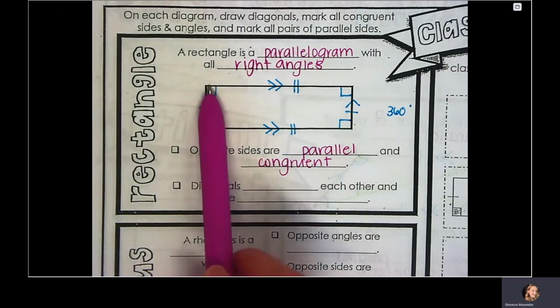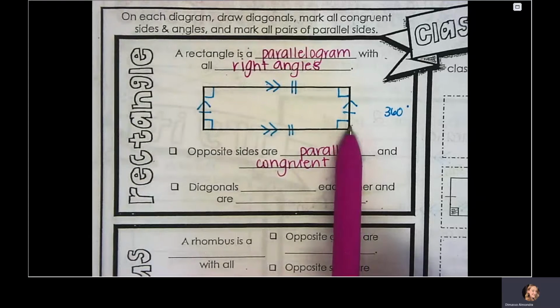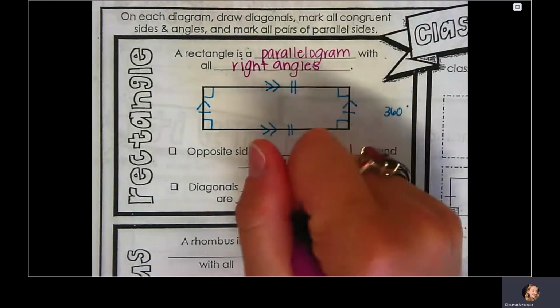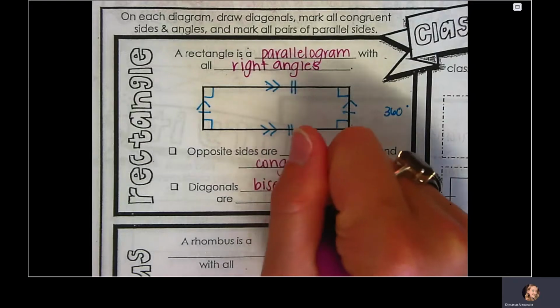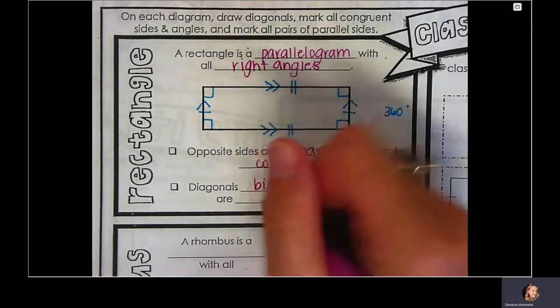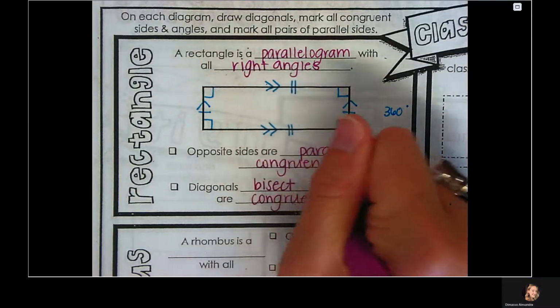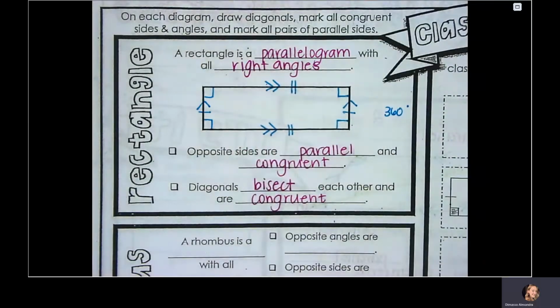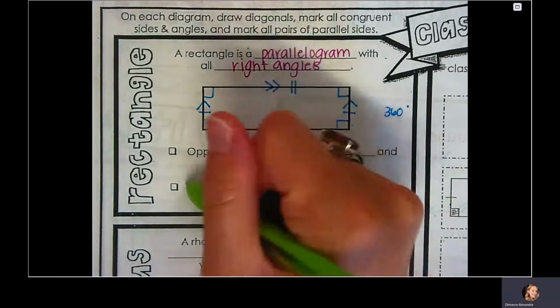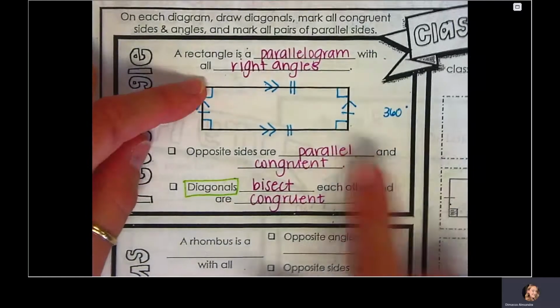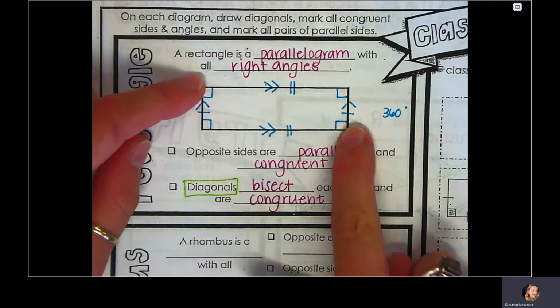Diagonals. So when I go from one corner to the other, one vertex to another, these diagonals, just like in a parallelogram, they will bisect each other, and they are congruent. So bisect means what again? Cut in half. Yep, good. And diagonal means you go from one corner to the other corner, from one vertex to the opposite vertex.